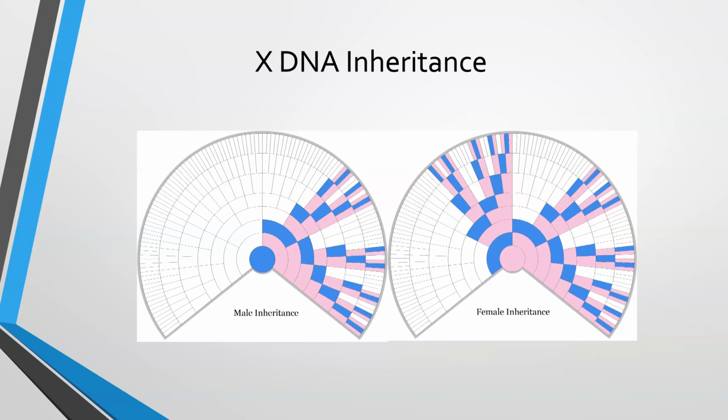Well, the answer is complicated. Let's say we start with a male, so the diagram on the left shows a male in blue, meaning everything in white is on the father's side there on the left, so he could not have inherited any xDNA from his paternal side at all. Remember, he got no xDNA from his father's side, he got a Y chromosome from his father.